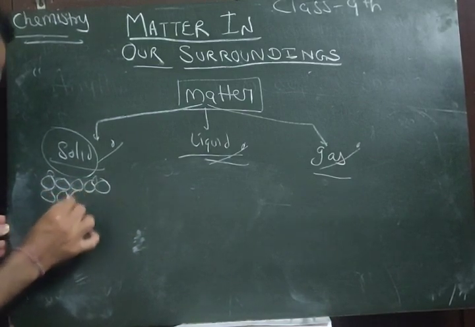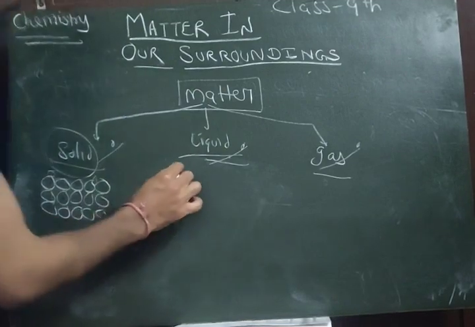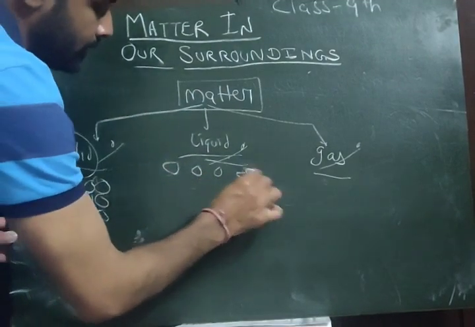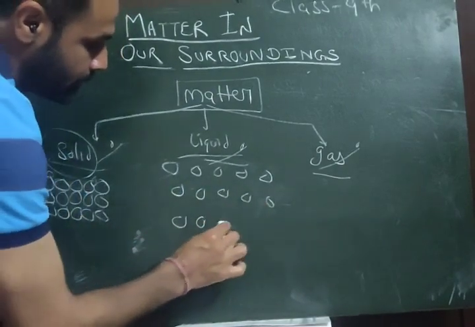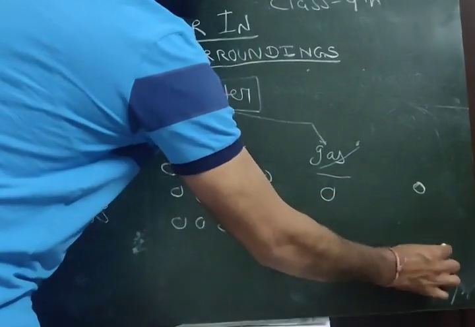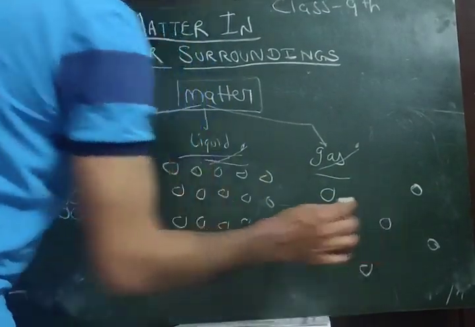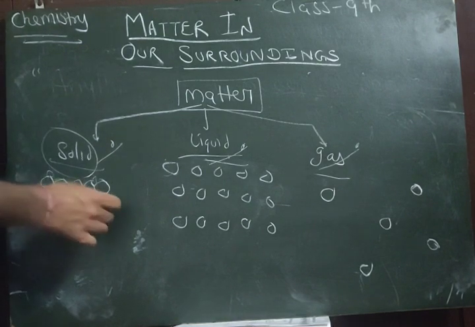In solids they are very close to each other, in liquids they are a little far away, and in gases there are very weak forces of attraction, so they are very far away from each other.